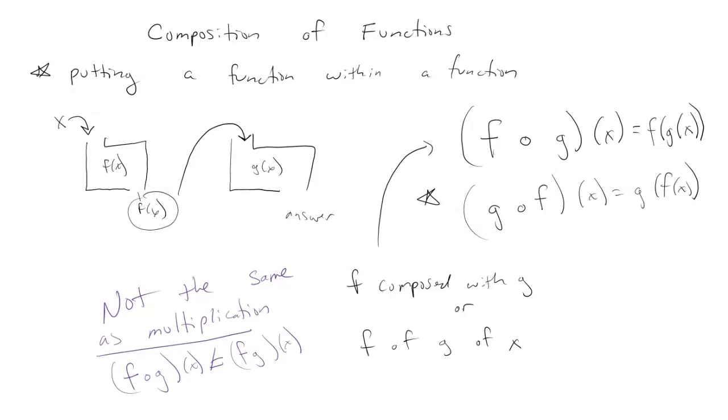Okay, so let me show you what I mean by this. So let's do two functions. So I'm going to say f of x is equal to 3x plus 1. And I'm going to say g of x is equal to x squared minus 2.